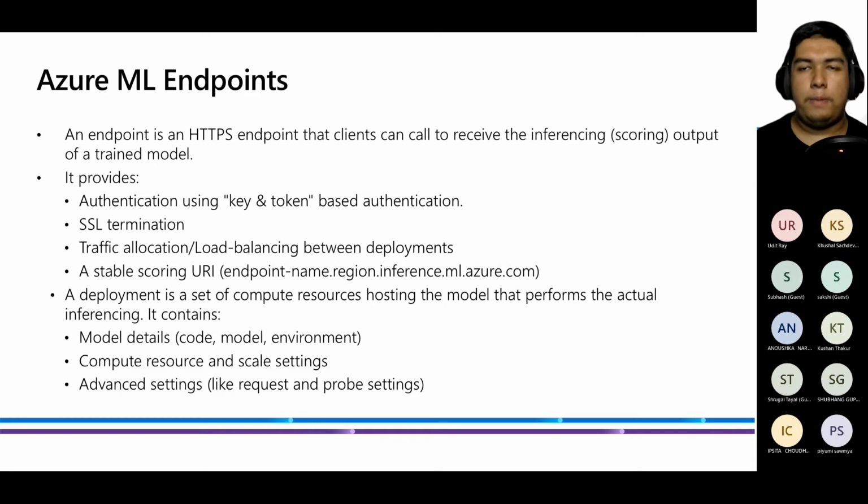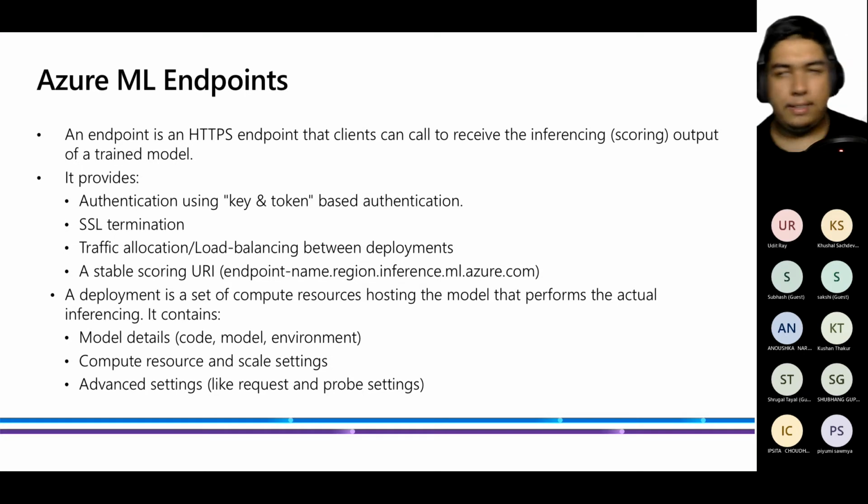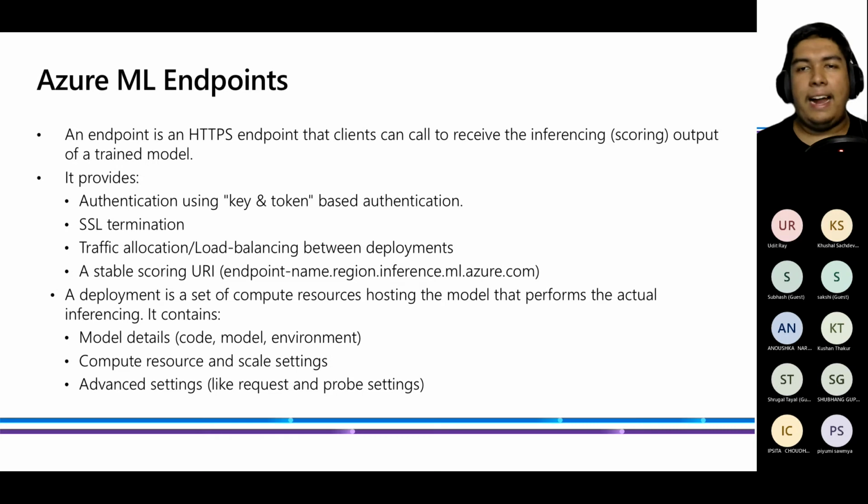It will use the model that you created, and it will create a container image that can be run on any cluster or any Docker instance. So you have a Docker image basically, and you can run it on any other environment as well. This is where the container registry comes in, because in the Azure Machine Learning workspace, you had a key vault, a container registry, a storage account, and application insights.